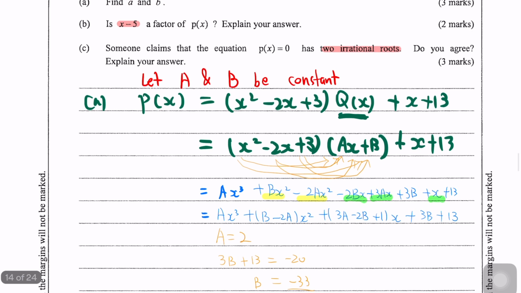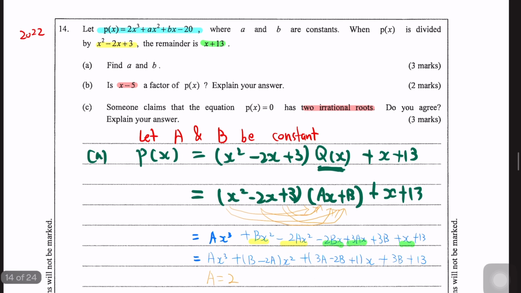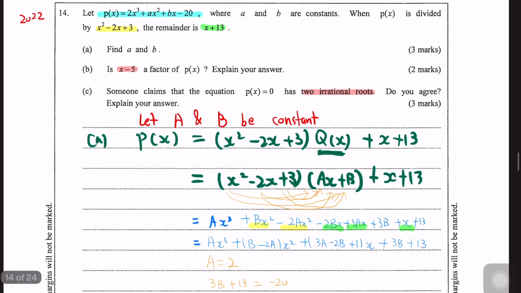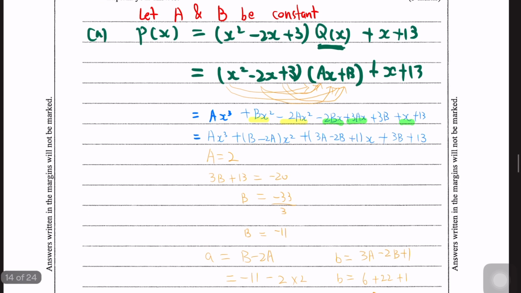Okay, first of all, after you group the like terms, use the idea of identity. This capital A here should equal 2, because here we have the coefficient of x cubed is 2. And the second coefficient, b minus 2a equals a, because we don't know capital B yet, so we write it here.